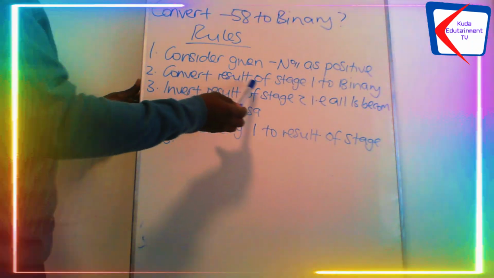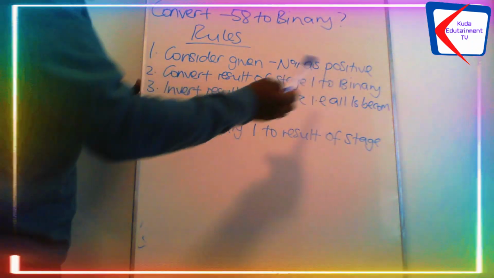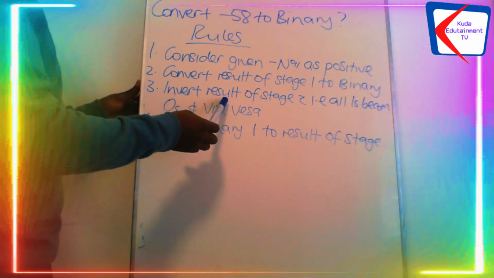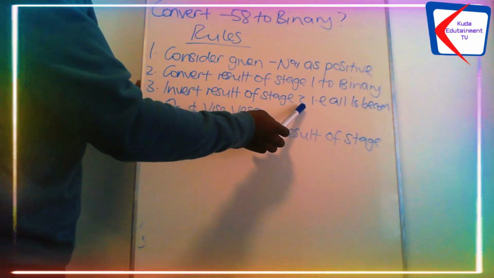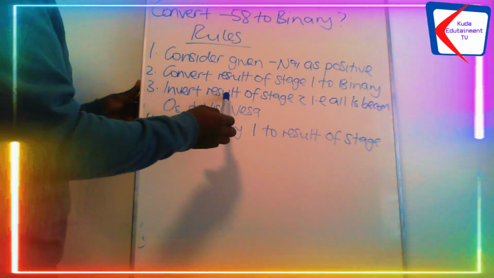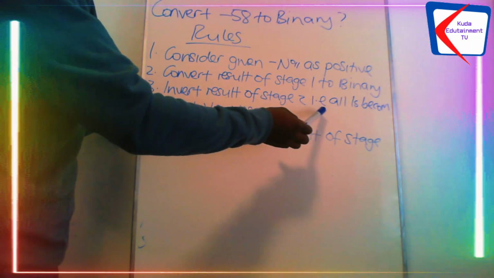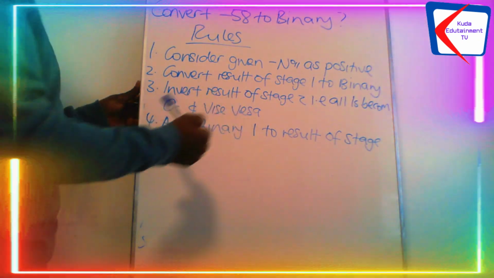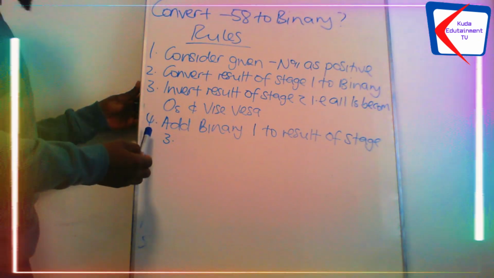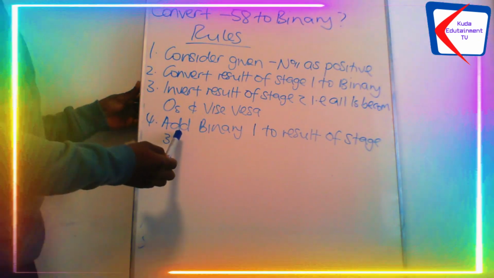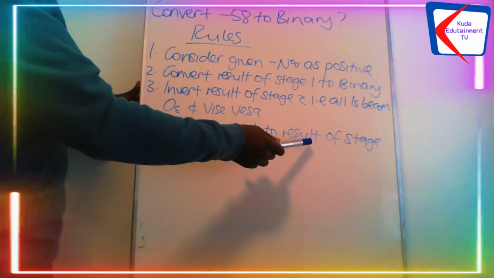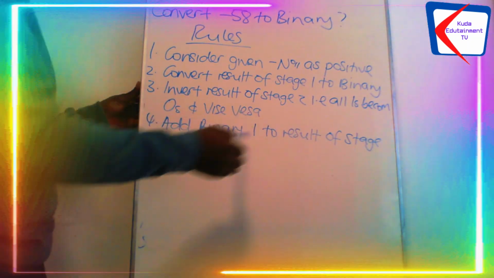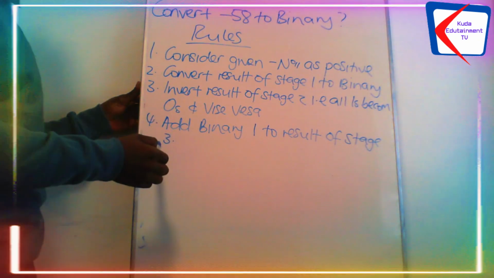The third rule says invert the result of stage 2 such that all ones become zeros and vice versa. The fourth rule, which is the last, says add binary 1 to the result of stage number 3.